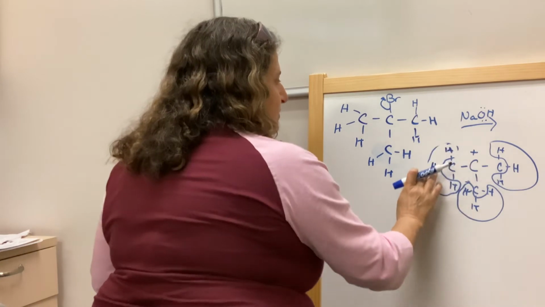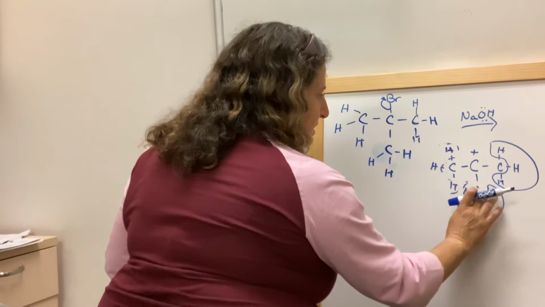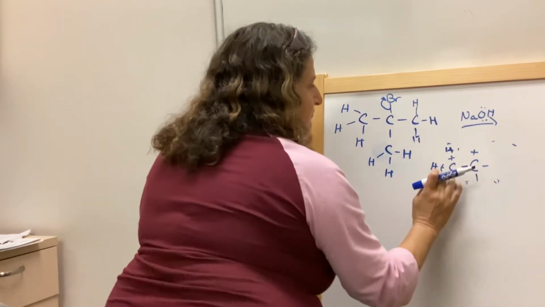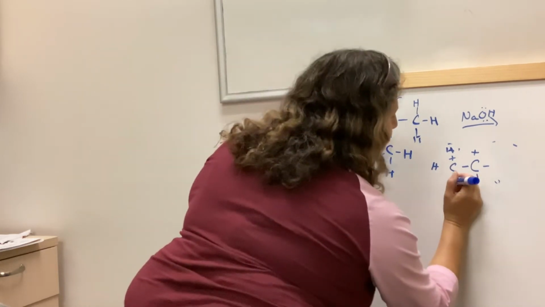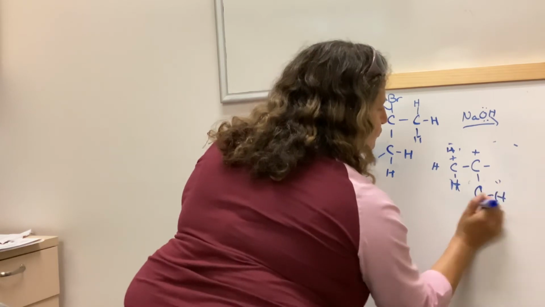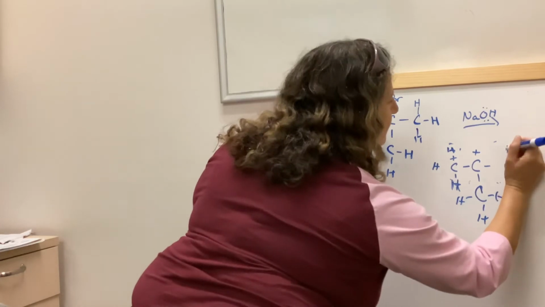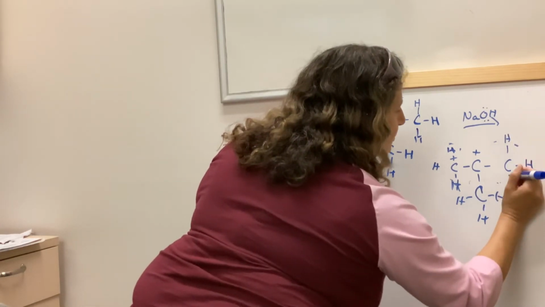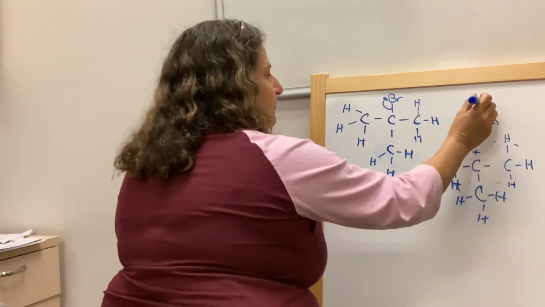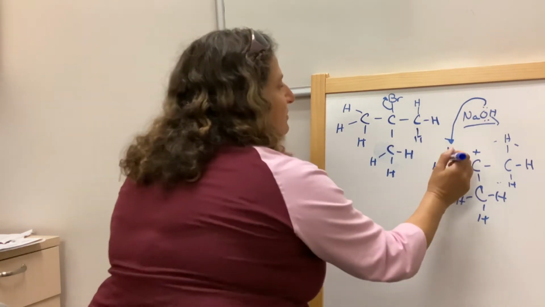because if I take one of them off, let me make this neat and tidy now that I made it a mess. If we go back, that's C, H, H, H, C, H, H, and H. So now I can take off one of these hydrogens, just like an acid-base reaction.